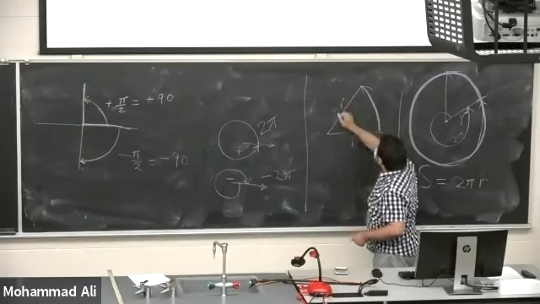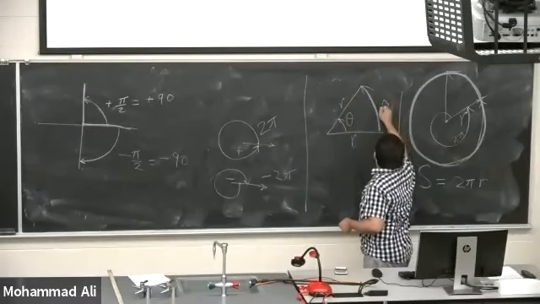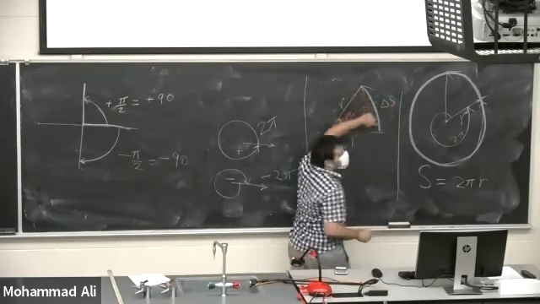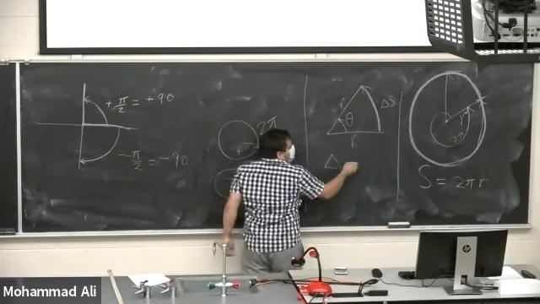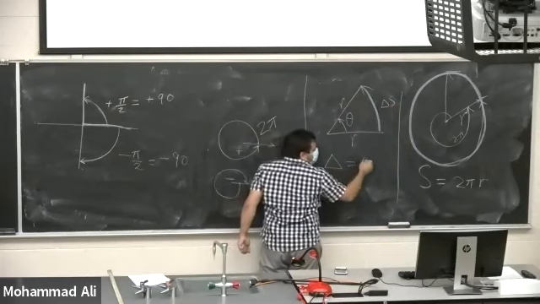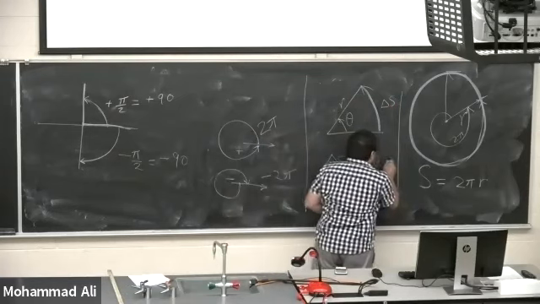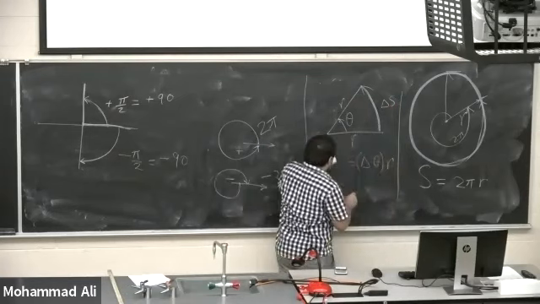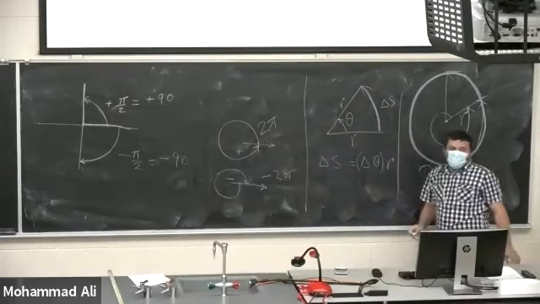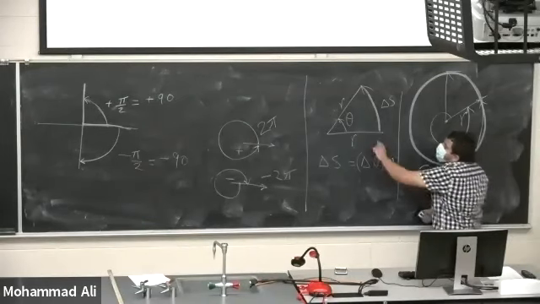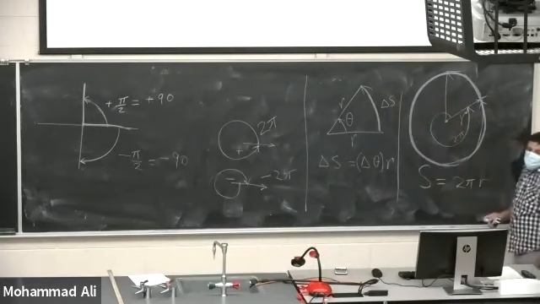Also, I need to know the radius R. So delta S, which is this curvature section, is equal to delta theta in radians multiplied by R. If theta goes to 2 pi, then I have the total path, which is 2 pi R.